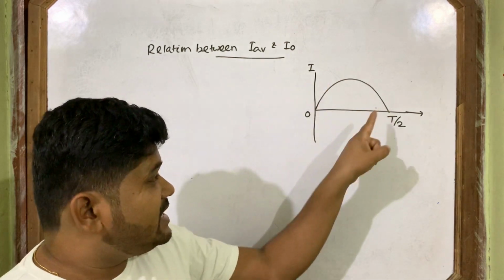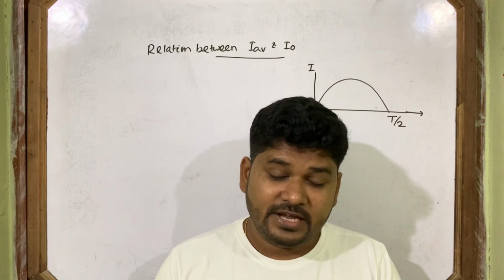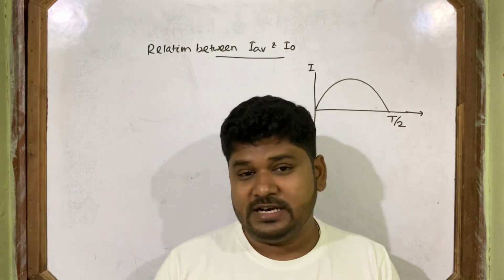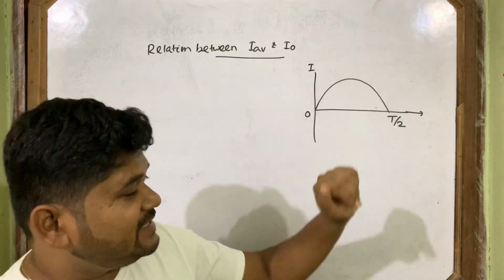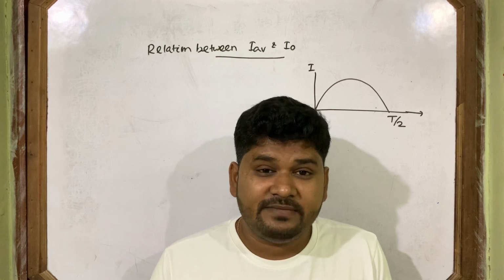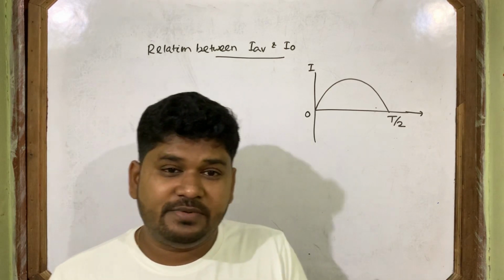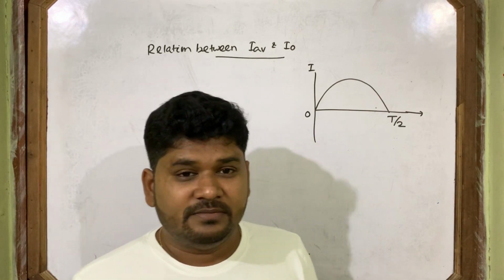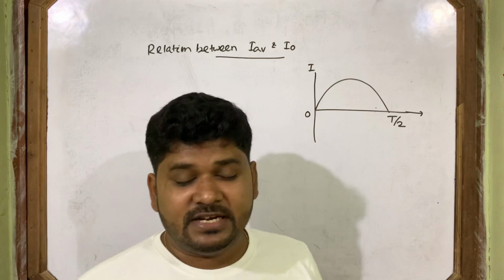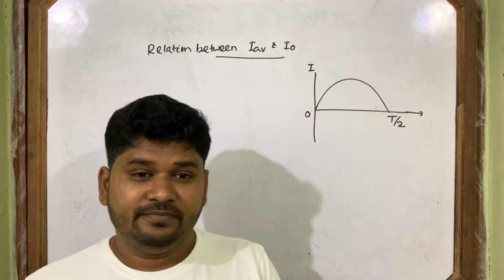So in one cycle, can you measure the instantaneous values? Not at all. If you can't find the instantaneous values, how will you find the average value? We had only one formula: I average is equal to I1 plus I2 plus I3 up to In, divided by n. But as we can't measure the instantaneous values, how will you find the average?